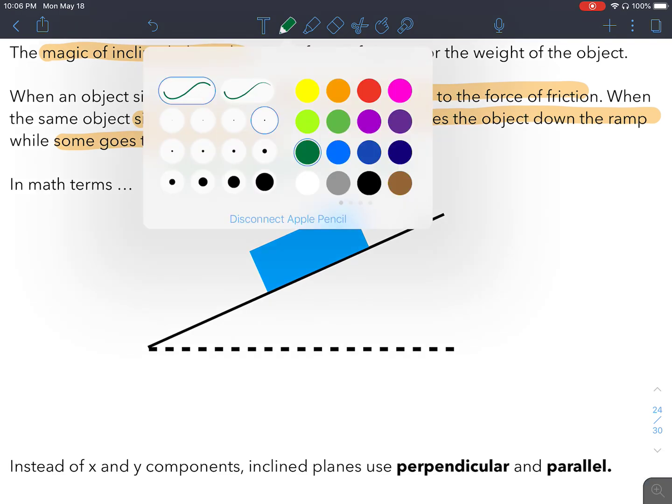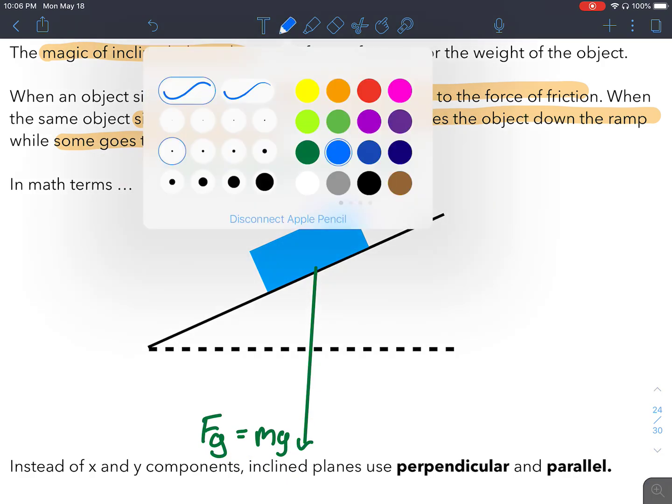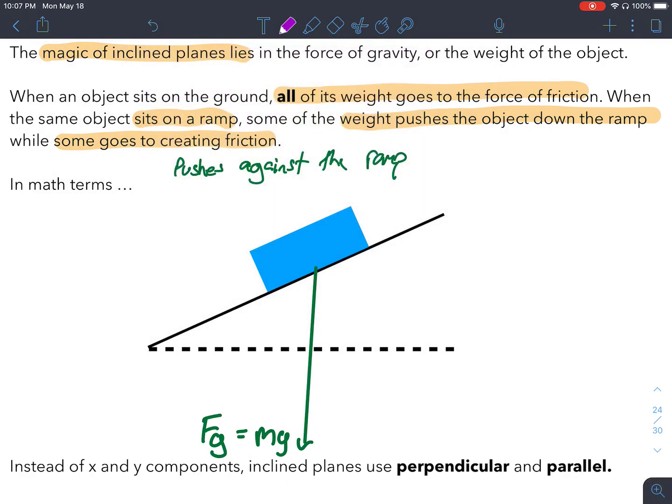Well, what we actually have here is our force of gravity going straight down, like so. This right here is our force of gravity, which is equal to mass times gravity. Now, what we have, which is kind of cool, and I'm going to move this over to the other side like this, is a nice, now we care about the perpendicular direction, right?